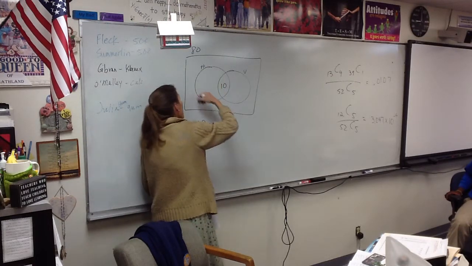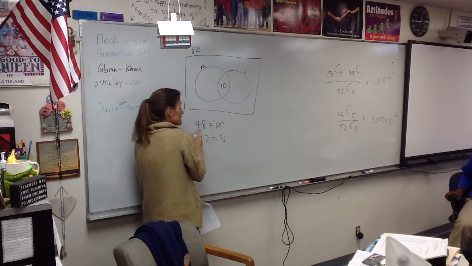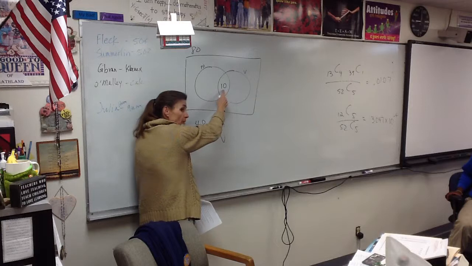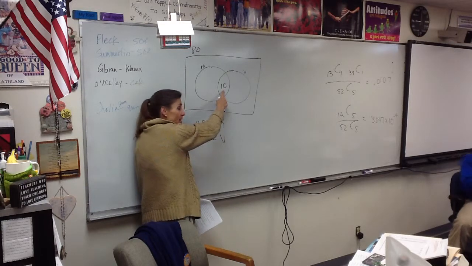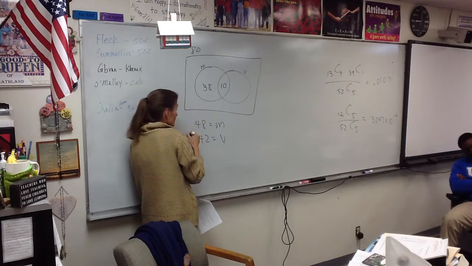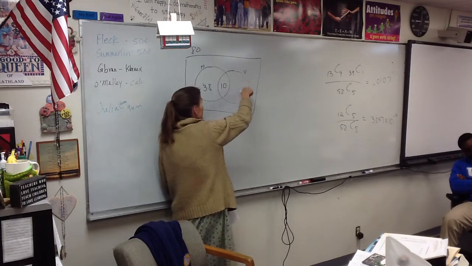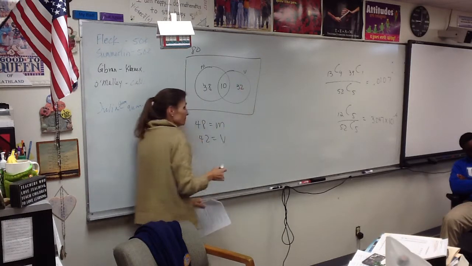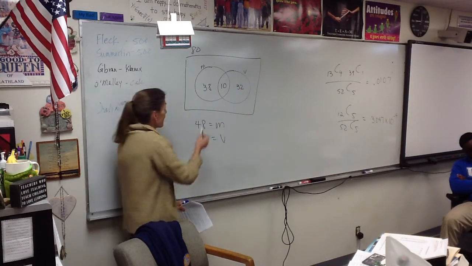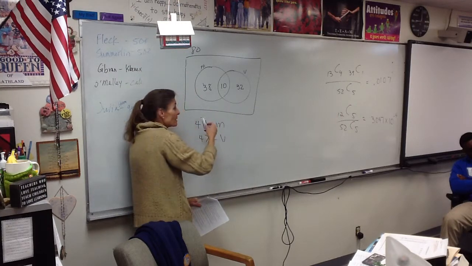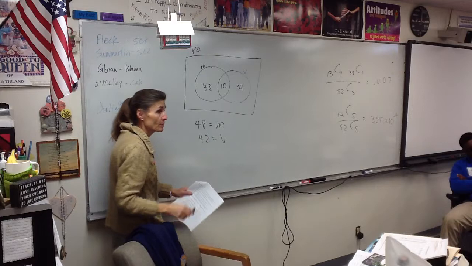The whole matrix circle is 48. If 10 of them are already placed here, then there must be 38 left. There's 42 kids in the vector circle, so there must be 32 here. Now, these numbers should add up to 80, because remember, everybody was supposed to be in there, and it does, it adds up to 80.